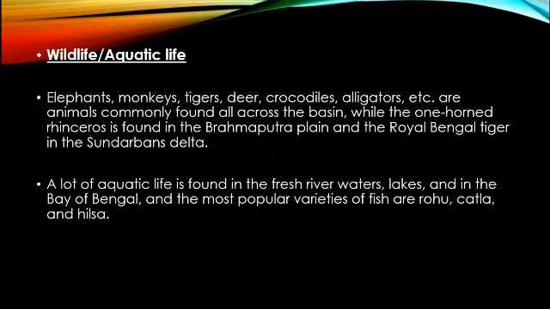There is also a lot of aquatic life because of the freshwater rivers. For example, in the Bay of Bengal, in the freshwaters or in the lakes, the most popular varieties of fish are rohu, katla, and hilsa. These are some of the varieties of fish found in the Ganga and Brahmaputra basin.